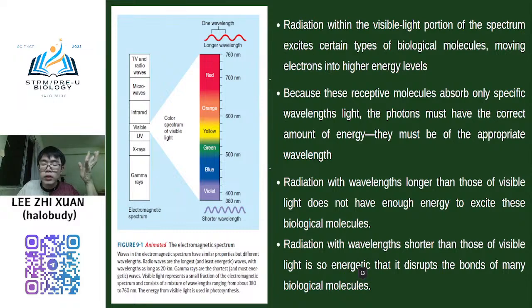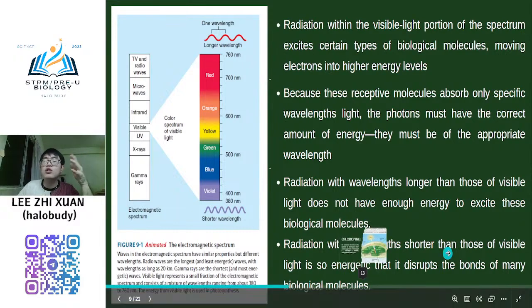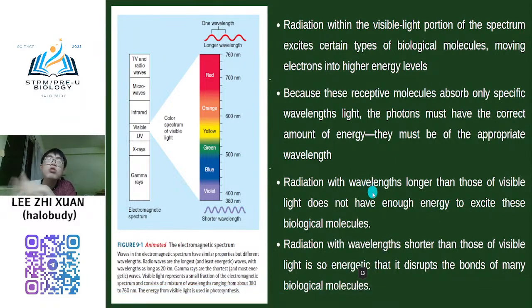If the energy is too strong, it can destroy the biological molecule. If the energy is too weak, the chlorophyll cannot absorb enough energy, because the energy is not enough. So the most suitable is UV visible.